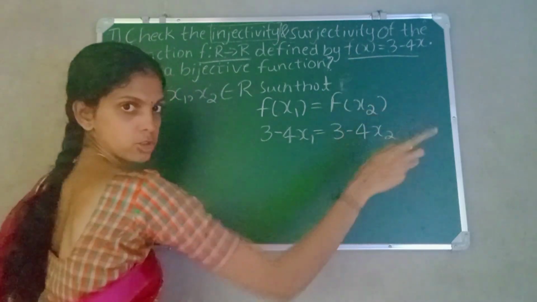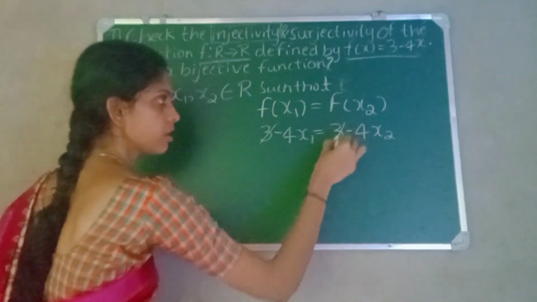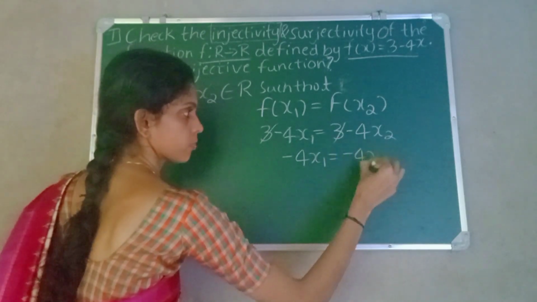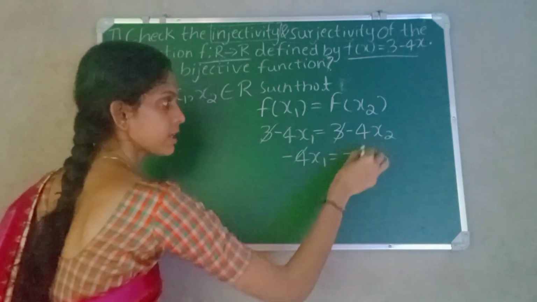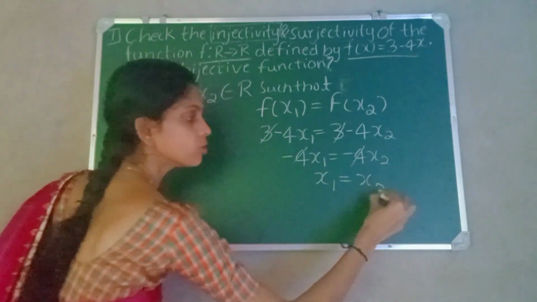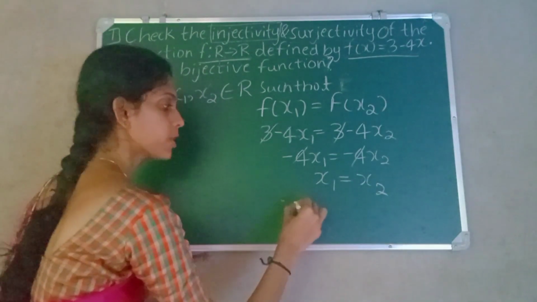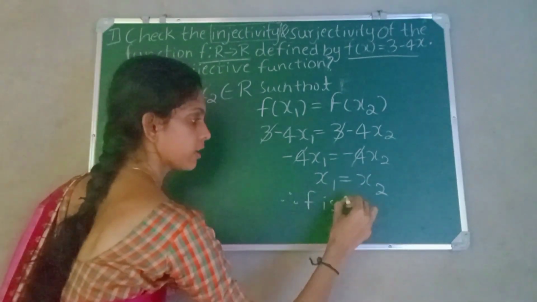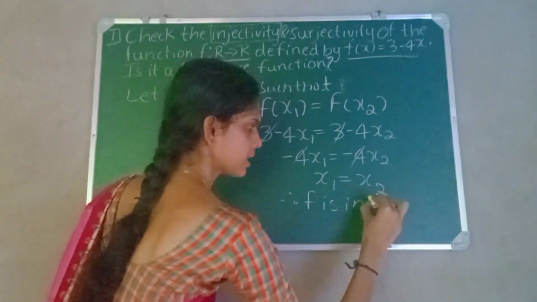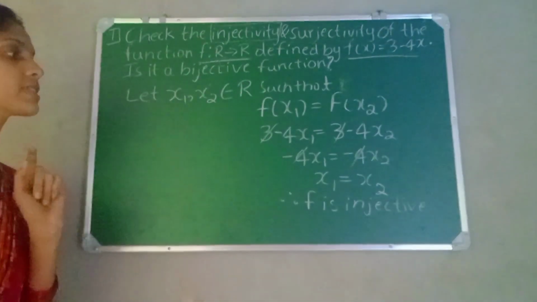Now the 3 gets cancelled, and the minus 4 gets cancelled, and lastly we are left with x1 is equal to x2. Since x1 is equal to x2, therefore f is 1 to 1, or injective. Both mean the same.